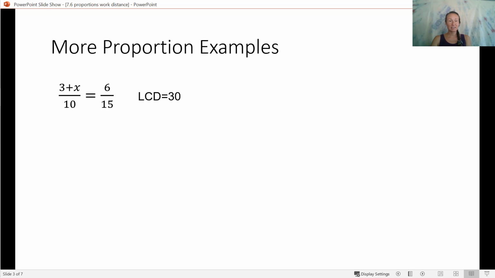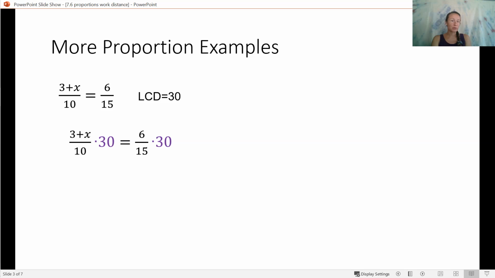If you can't see the LCD as clearly, then sometimes cross multiplying can be faster. In this case, if we cross multiplied though, we'd end up with some pretty big numbers. 10 times 6 would be 60. So that's why I chose the LCD, but both work. So I multiplied both sides of my equation by 30.